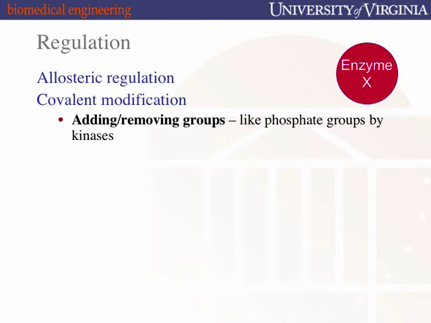Kinases and phosphatases, the reason I'm kind of harping on it is that when we get to signal transduction, this is a major mode of signal transduction, how signals are propagated from the cell membrane all the way to the nucleus, through phosphorylation and dephosphorylation enzymes. All right, so here's enzyme X with X kinase. Let's say it is a kinase.